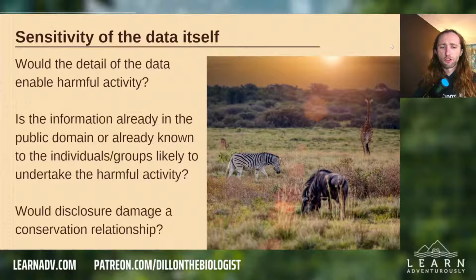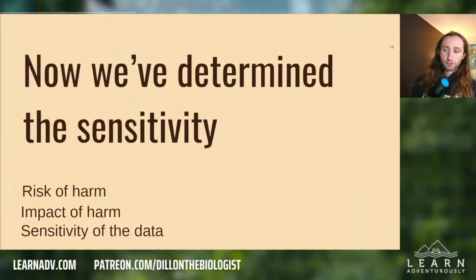And then would disclosure damage a conservation relationship? This is of particular importance. If you're working with a group that doesn't want to have their geotags, their geographic information shared, and you share it, then that's going to damage your relationship with them. So those three criteria are what we use to determine the sensitivity. How sensitive are these taxa to our data?